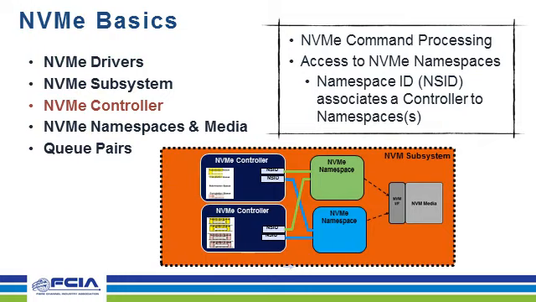The NVMe controller is where all the NVMe commands are processed, and it creates and manages access to the namespaces and assigns a namespace ID, which associates the controller to the specific namespaces. The controller acts as the endpoint, in this particular case, where the Fibre Channel NVMe connection points are. So the ports that come in with FC NVMe are going to talk directly to an NVMe controller.